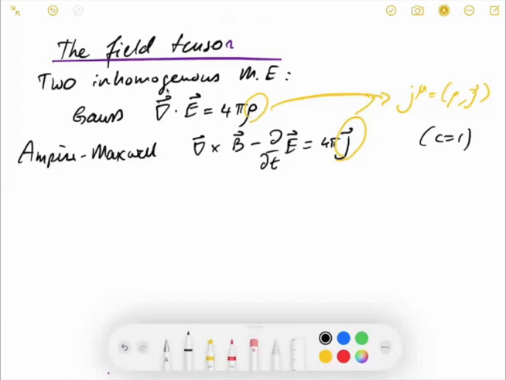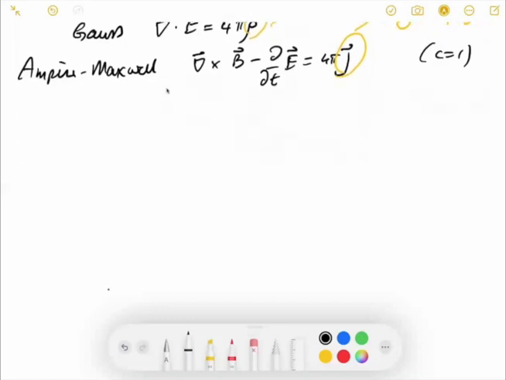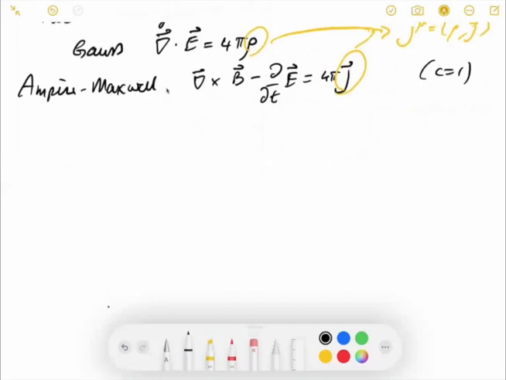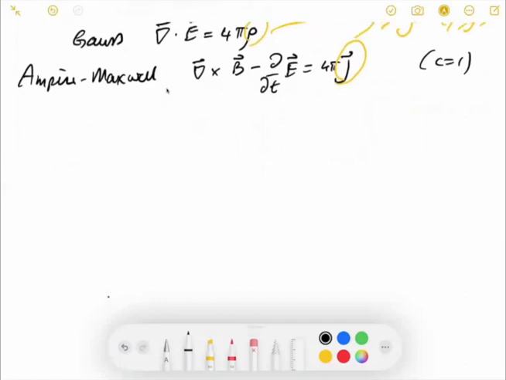So we have some bookkeeping to do. So let's say on the right hand side we have a 4 pi rho, which is going to be 4 pi times rho, jx, jy, and jz.